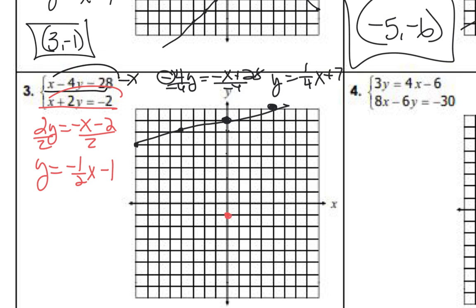You can go down 1 to the right 2, and keep carrying that out, or you can do the opposite, up 1 to the left 2, and carry that out. And you know what? This is going to be off of the graph. Did I do that correctly?